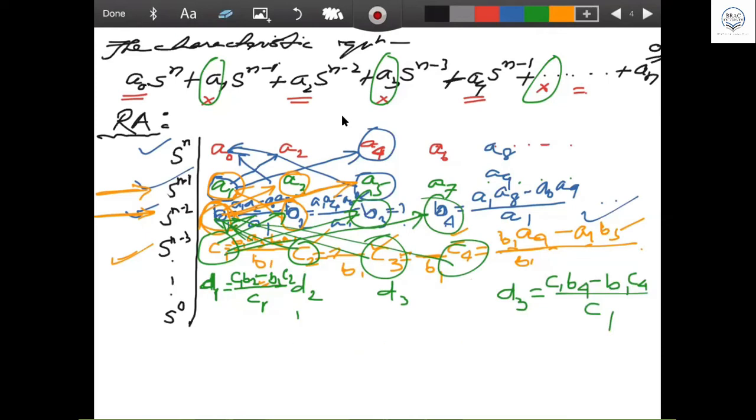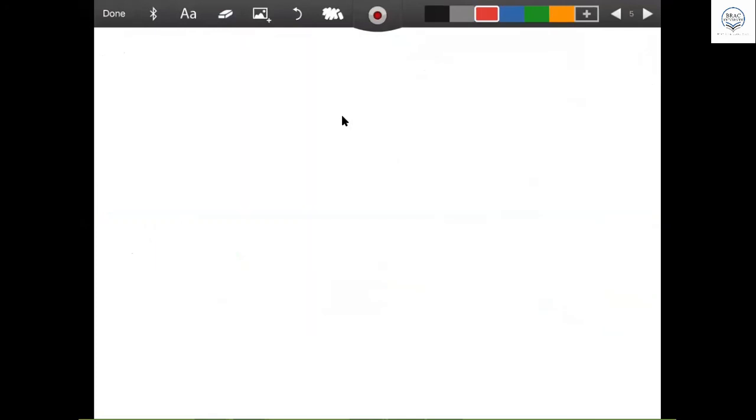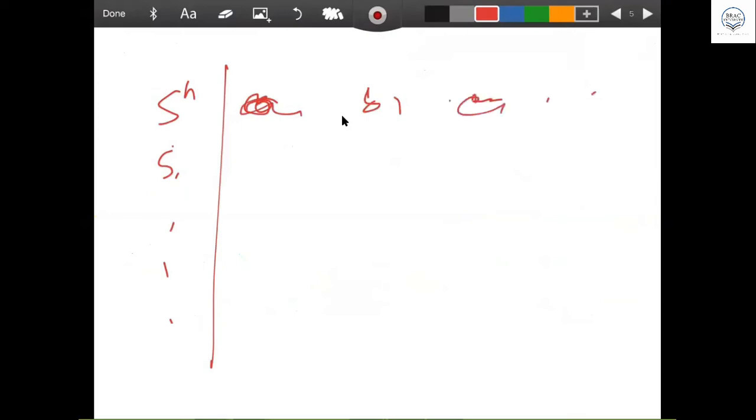Like that, you come up to the last value, which is S to the power 0, up to the last. So you can see it is going to be a triangle like this: S to the power n and so on. This is going to have some value, A1, B1, some value, C1, B1, like that. Then you get some values here and here.